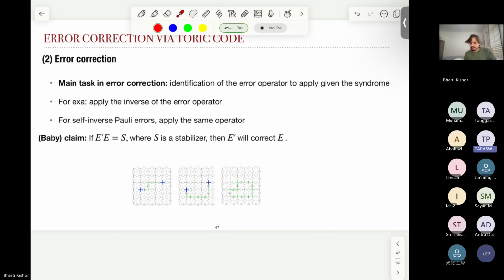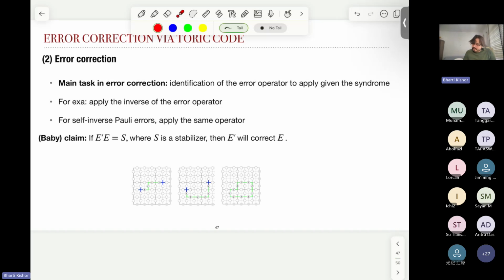The main task in error correction is the identification of the error operator to apply given the syndrome. For example, in the case of Pauli errors, just apply the inverse of the error operator. For a self-inverse Pauli operator, you can just apply the same operator. But you can do even more interesting things.